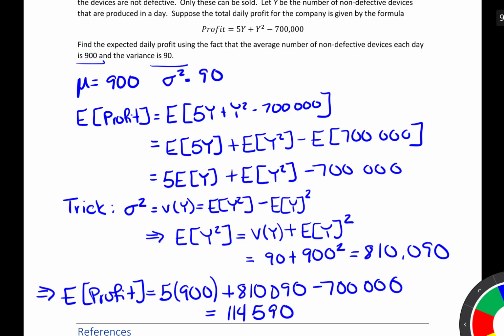Which gives us an expected profit of $114,590. And this is going to conclude this note set.